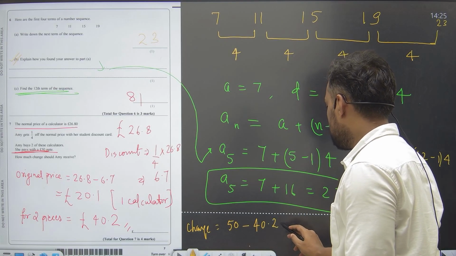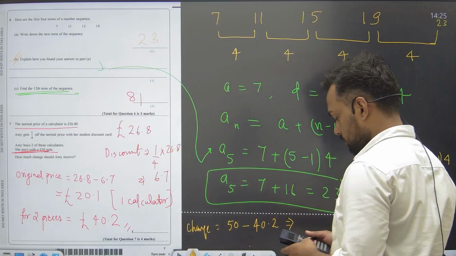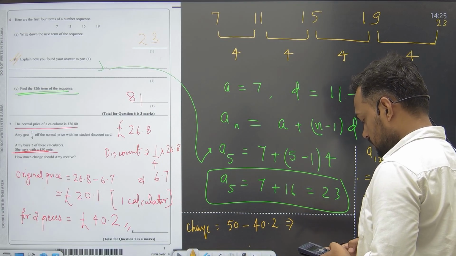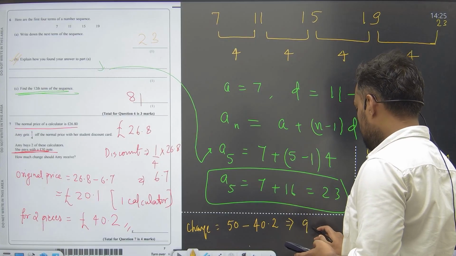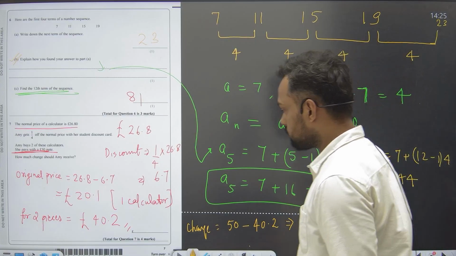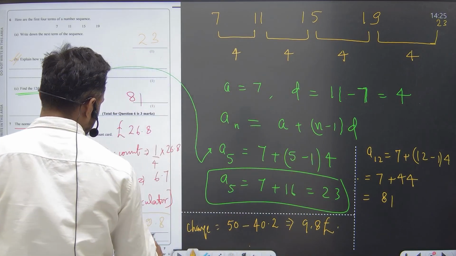So we need to subtract this value. So how much will we get? 50 minus 40.2 equals 9.8. 9.8 pounds she will be receiving. This is the value.